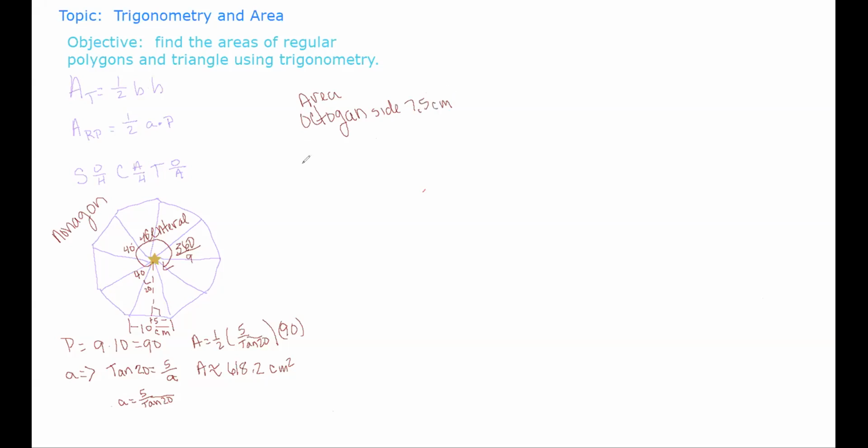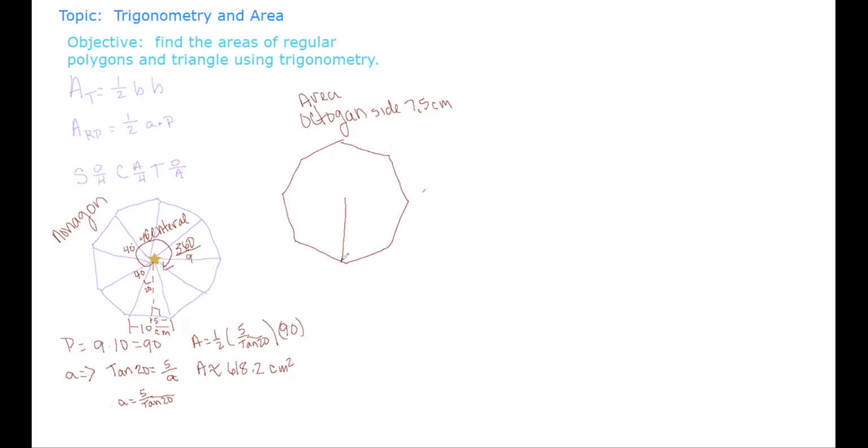So drawing my octagon, they're giving me the side length, so that's going to let me get the perimeter. I'm going to need the apothem.